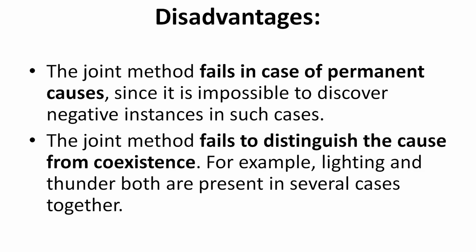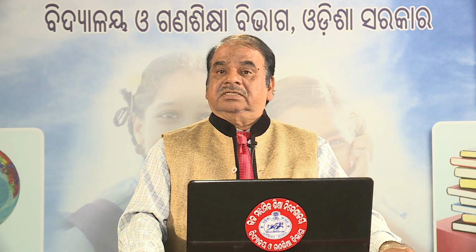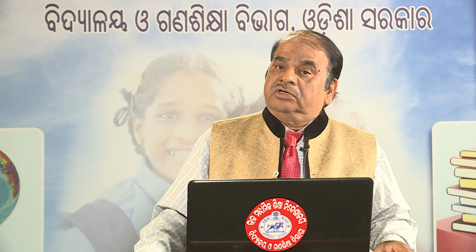The joint method fails in case of permanent causes, since it is impossible to discover negative instances in such cases. The permanency of certain factors stands in the way of finding the causal relationship, because negative instances are not possible in those cases.